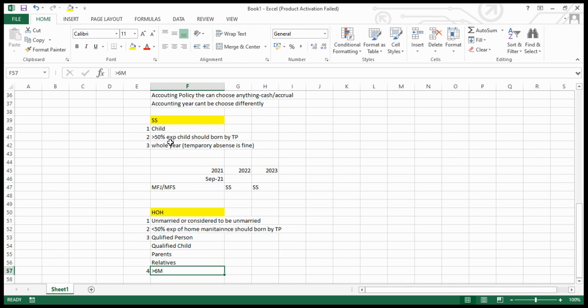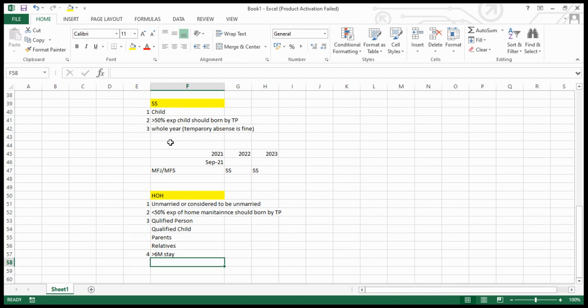But for the parents, this condition is not applicable, because as you already know, in the US no one is going to stay together with the family. Parents can stay in an orphanage or some different place next to the house, that is fine. They know the thing, so that's why they give an exception for the parents. But if you are maintaining a child or relatives, those persons should stay with you for more than 6 months.